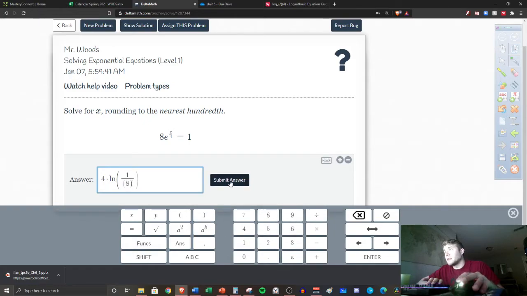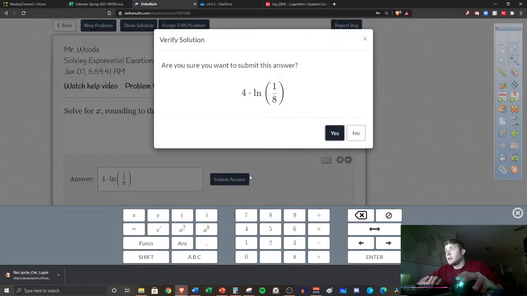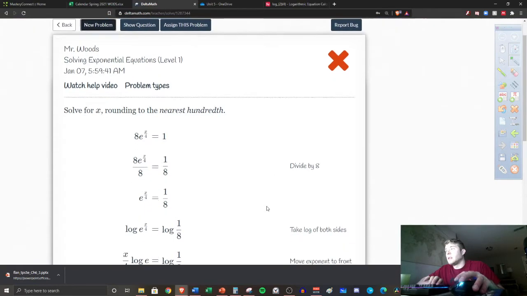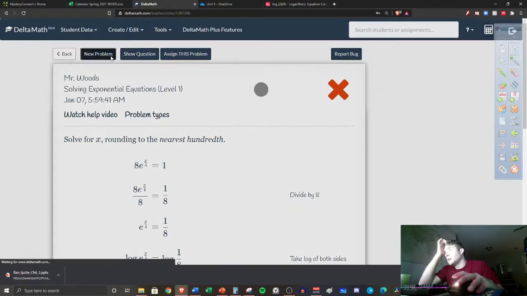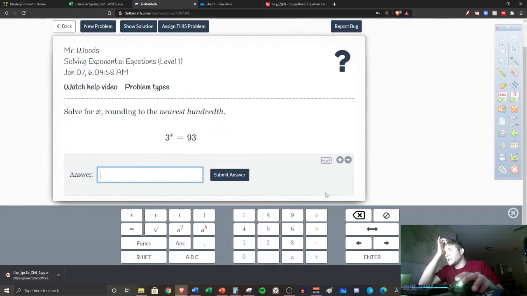Let's see if this works. It should. They didn't like that. Okay, I don't know how you're supposed to use that calculator to do this stuff, because I'm pretty sure he uses it in his example.